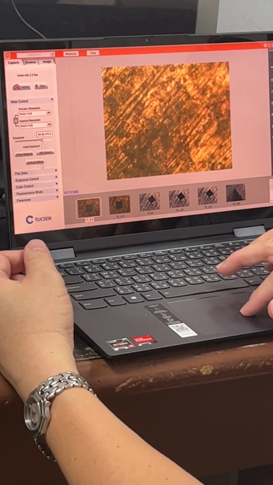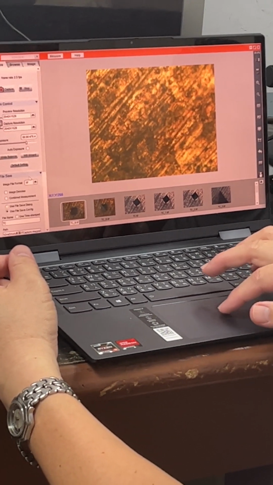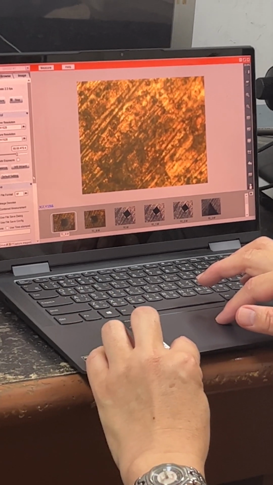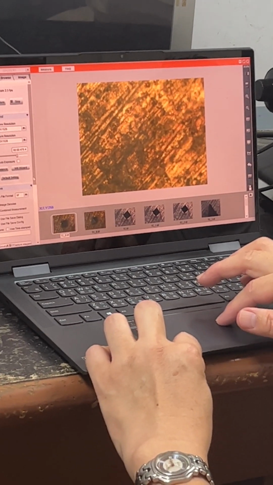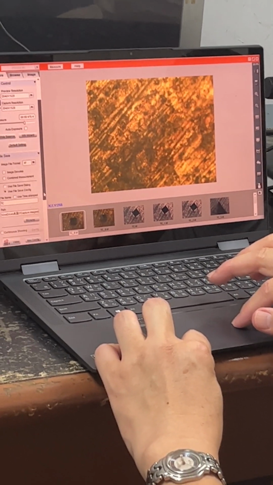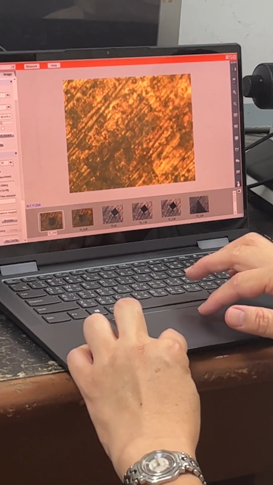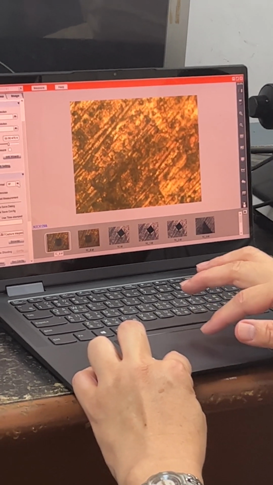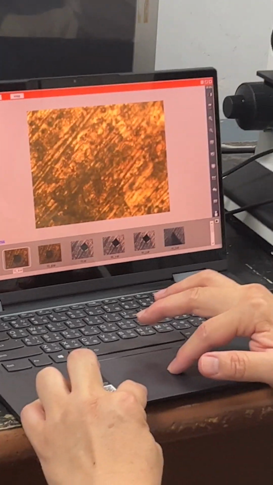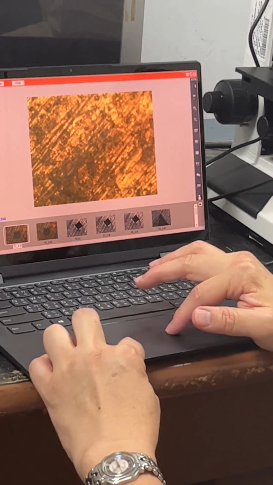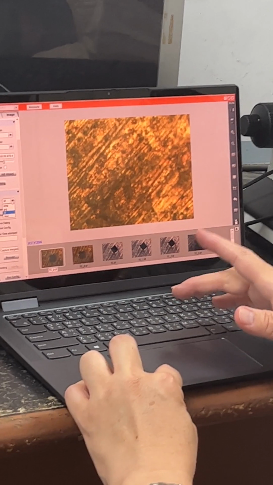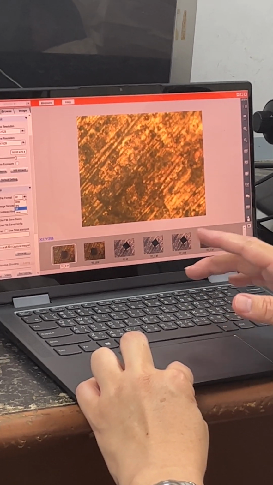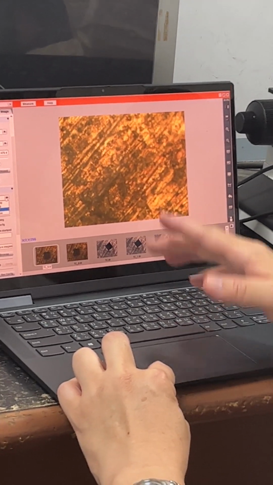Okay, and then you can choose to save the file in different formats. The default file format is .tif, and you can use JPG, BMP, or .raw format.